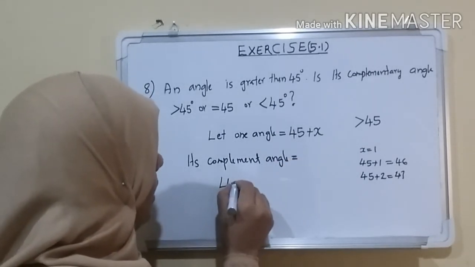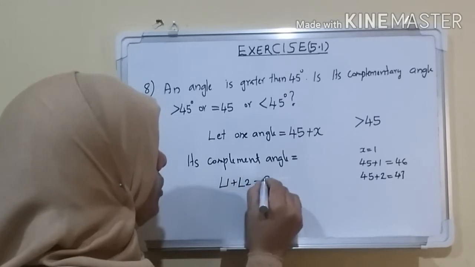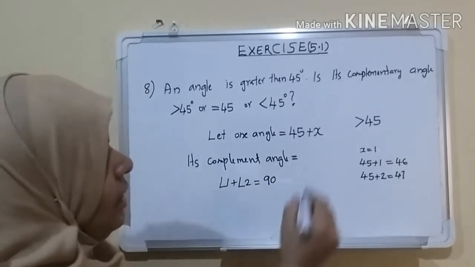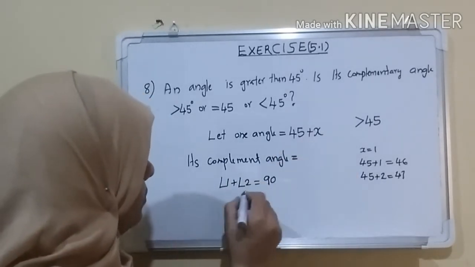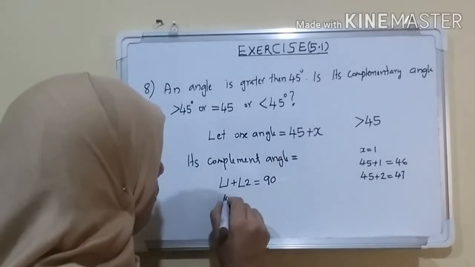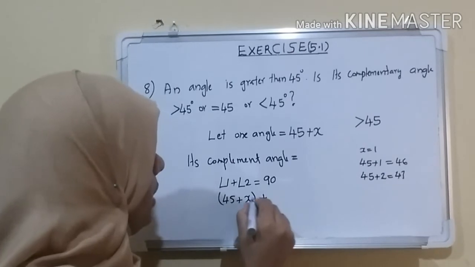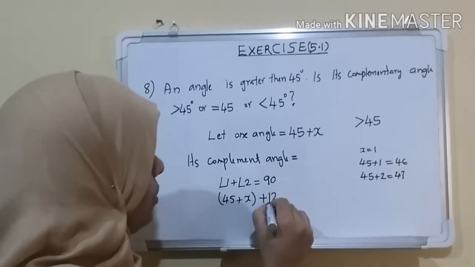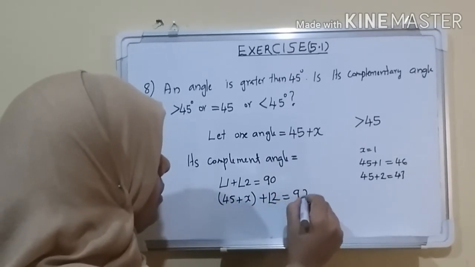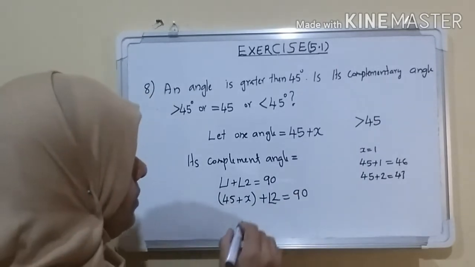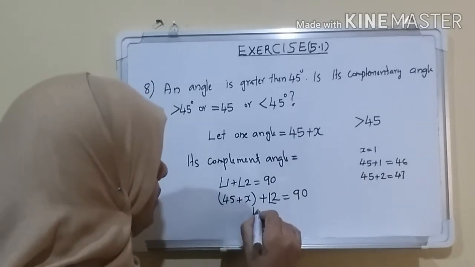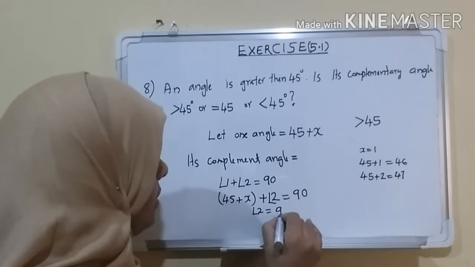We know that angle 1 plus angle 2 equals 90 degrees. Here one angle is given. One angle is 45 plus x. We don't know angle 2. So the sum is 90 degrees. So from this equation we can find angle 2, right?